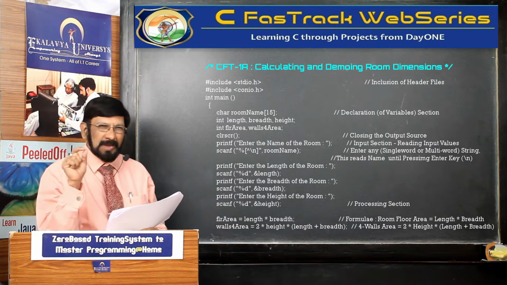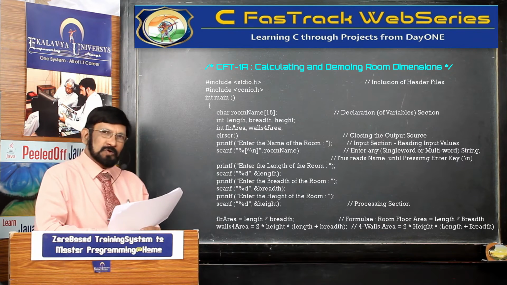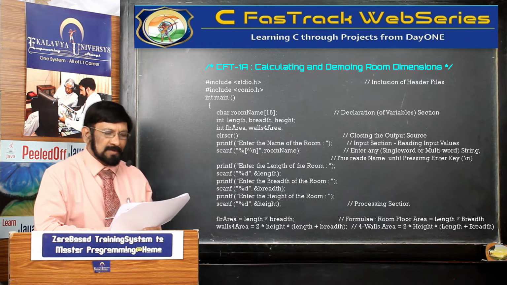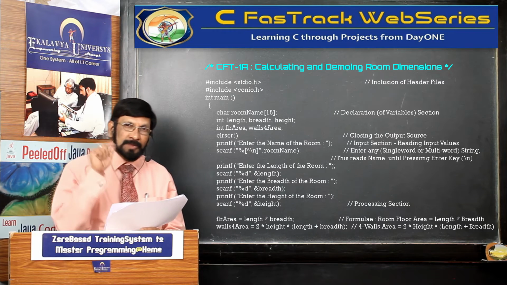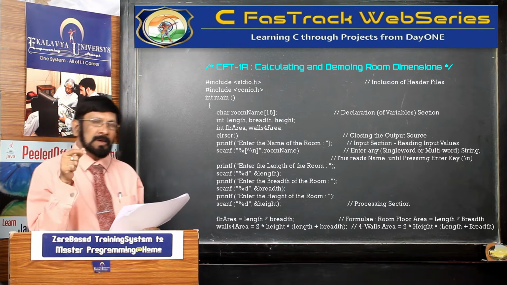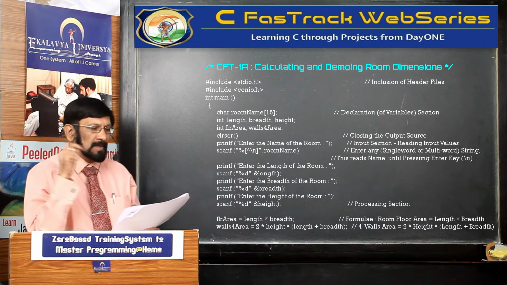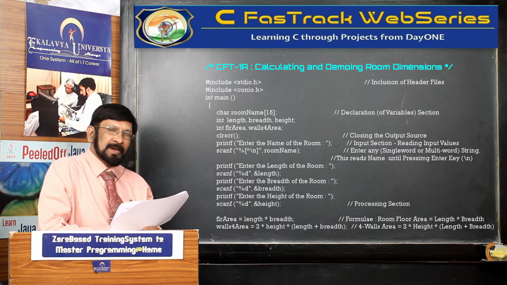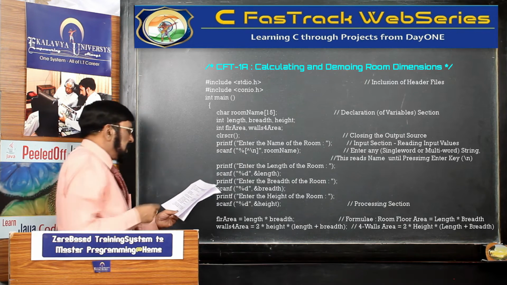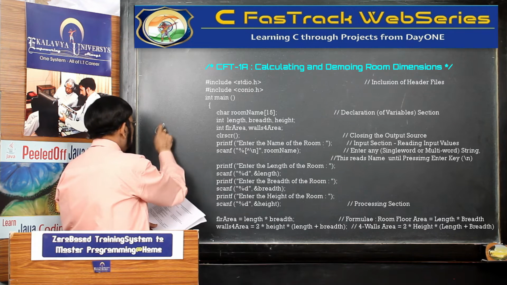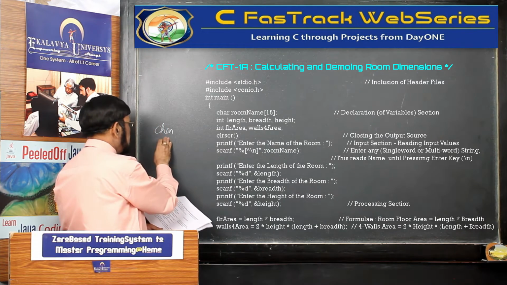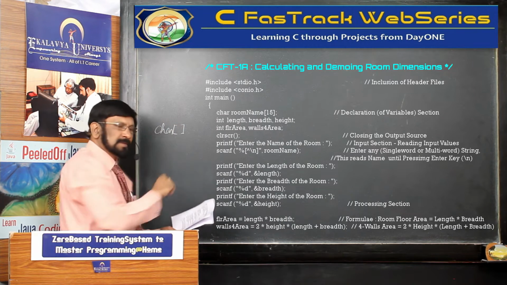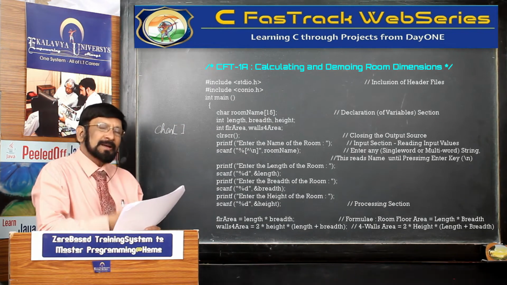Third one, demo room. Simply I am writing demo room. It means demonstrating room dimensions. So which values do you have to pass? First, the room name, whether it is a bedroom, a drawing room or a study room and all that. So I have declared it as a character string, char with array symbols, then it is a character string or character array.